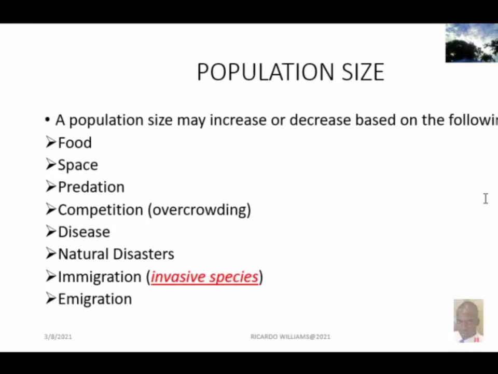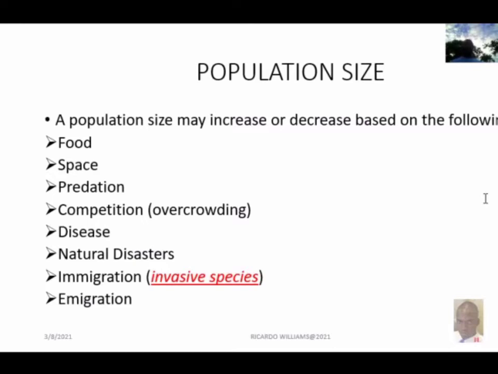Immigration really means that you have immigrants coming into the population. This can have two effects, and I put the invasive species there in red because invasive species really have a negative effect on the original population.